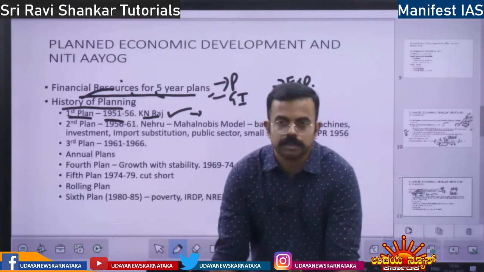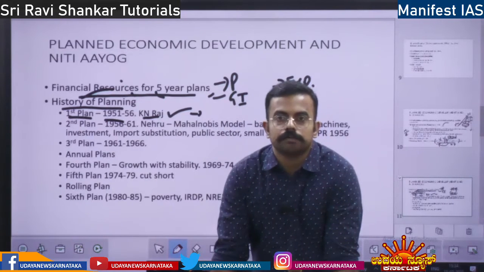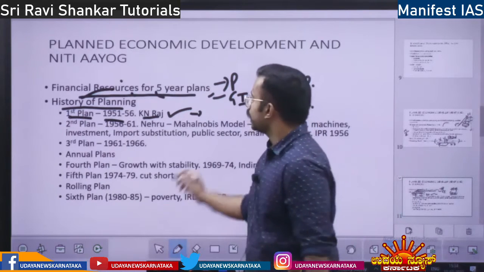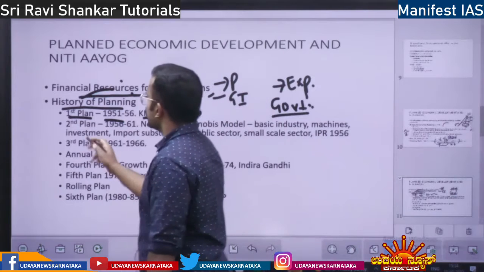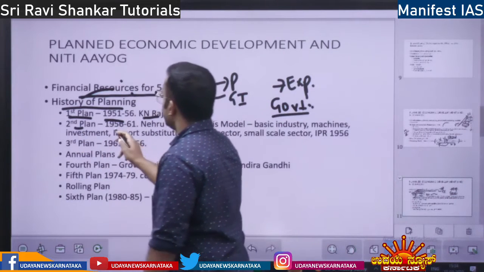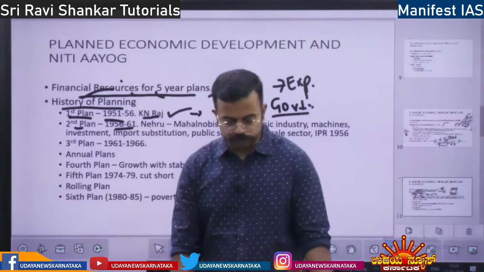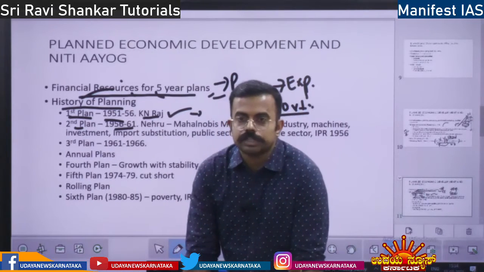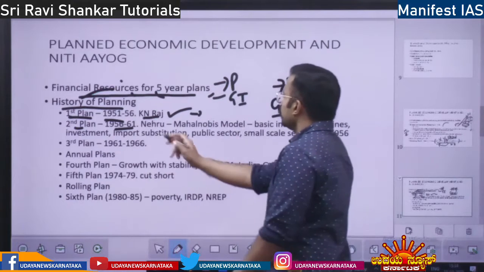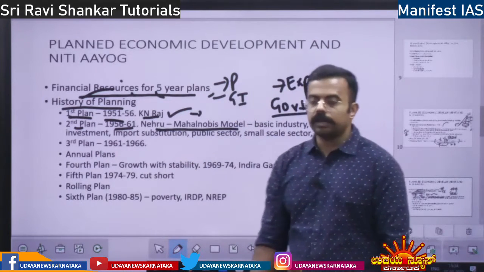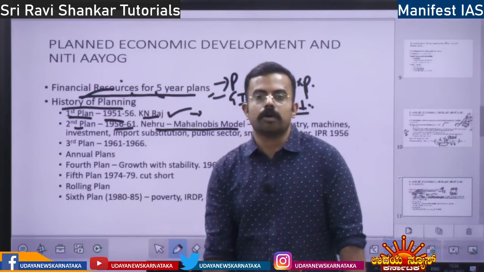They are going to ask, what did the first plan focus upon in the Indian planning process? It focused on agriculture. Next, second plan, 1956 to 61. This plan focused upon the Nehru-Mahalanobis model.